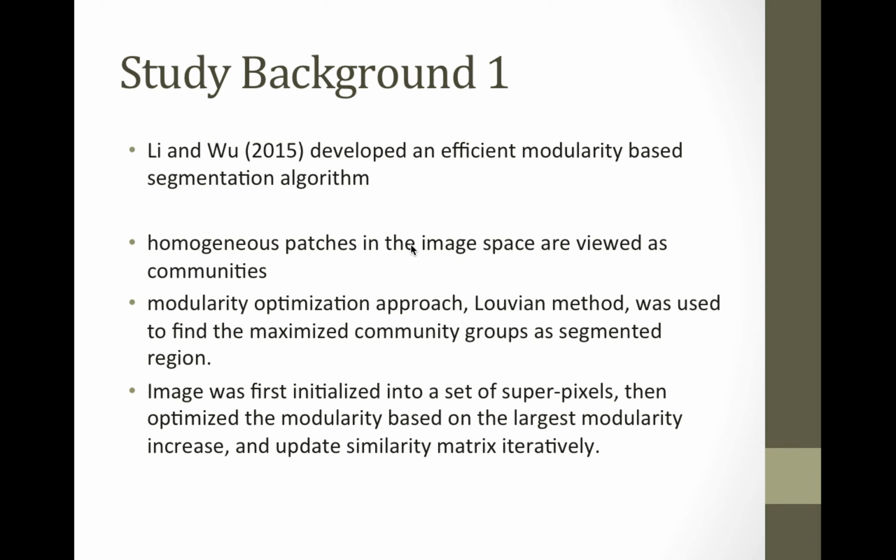In general, the image was first initialized into a set of superpixels, and afterwards, the Louvain method was applied to find the largest modularity increase in each iteration, and at the same time, the similarity matrix was updated each time.